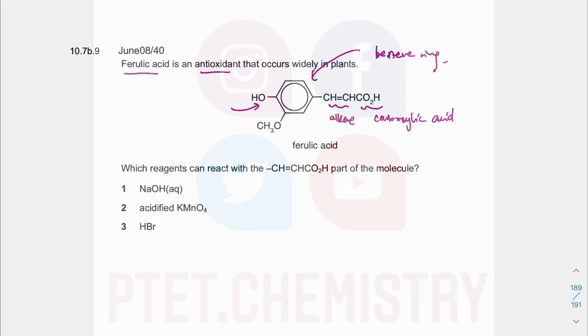This thing is an alcohol, but it's a special alcohol. It's an alcohol bonded to benzene. You will learn more about this in A2 chemistry. It's called a phenol. People in upper 6, already preparing to do their A-levels, will have realized that it is a phenol. This is a strange one as well. You don't do this in A-level.